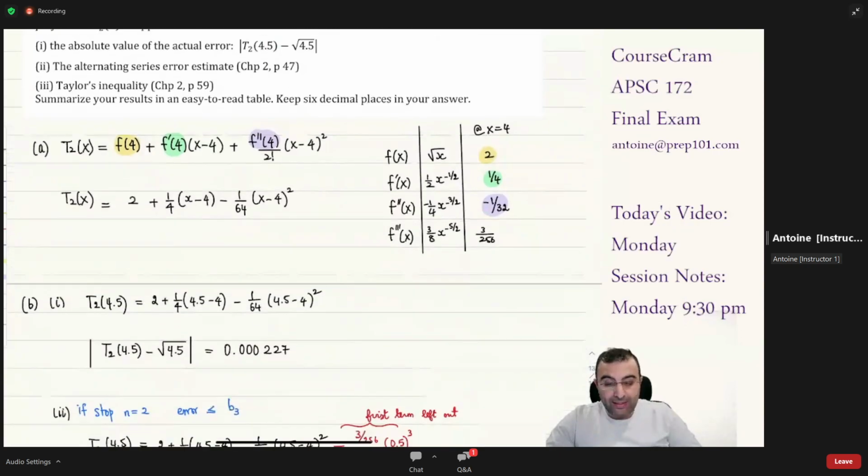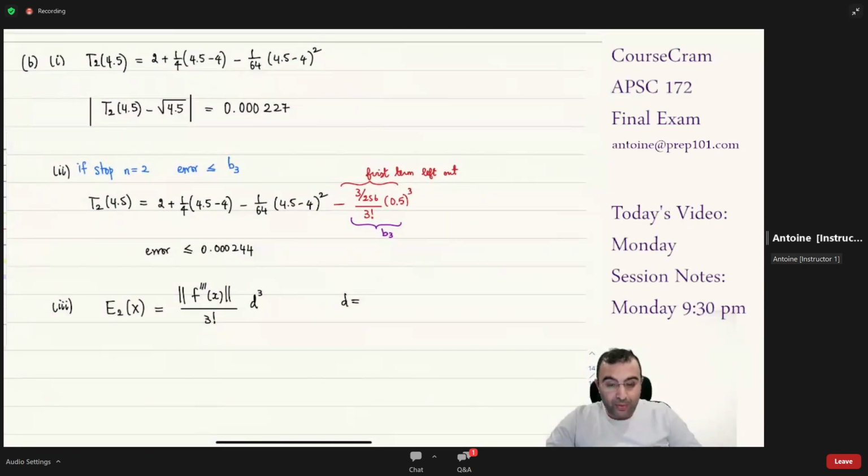So what's d? d is how far we are from the center. Thank you, Cecilia, for answering. d is 0.5, because our Taylor polynomial is centered at 4 and we're using it to approximate t of 4.5, so the distance from the center is 0.5.